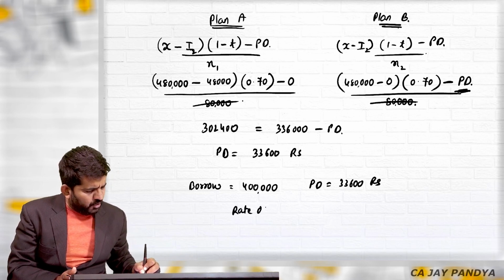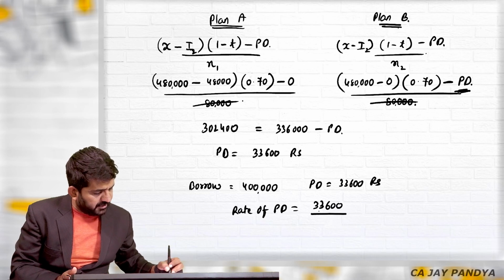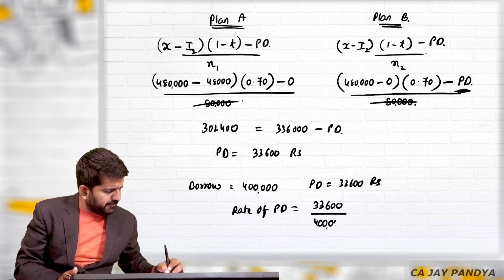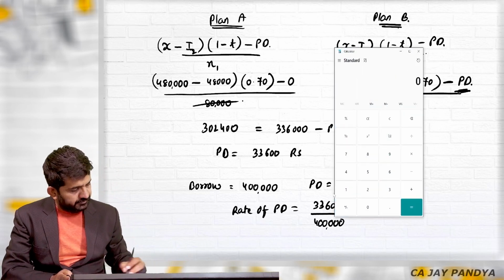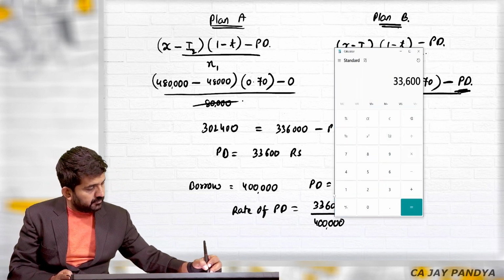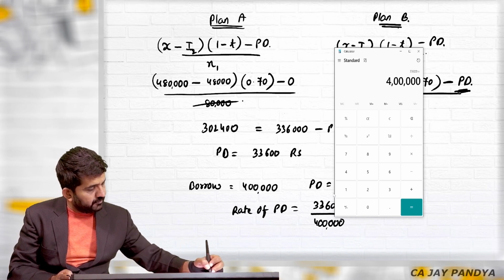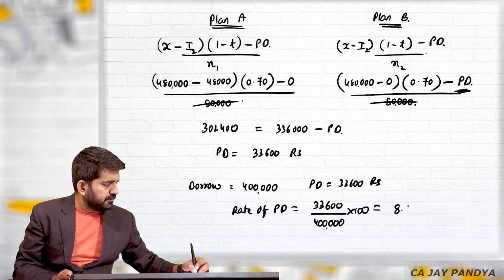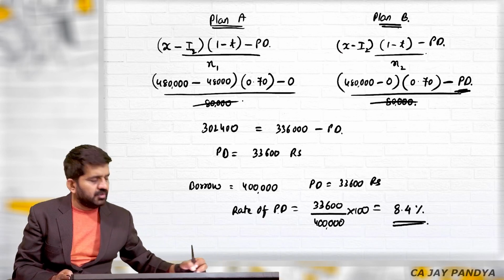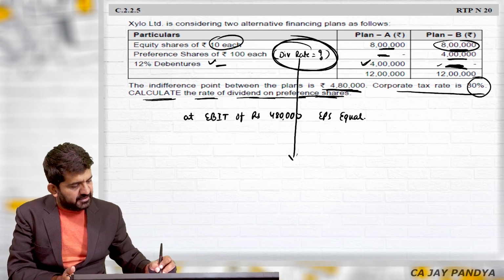So the rate of preference dividend will be 33,600 divided by 4 lakhs multiplied by 100. This is 8.4%. What is 8.4%? It is the rate on preference dividend.